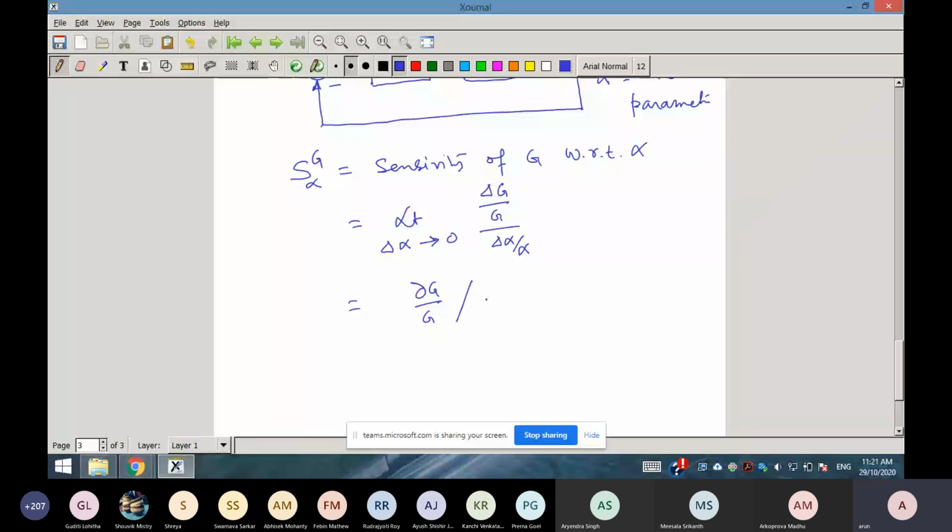Okay, so you can also write it like this, equal to delta G by G divided by delta alpha by alpha. So now this is your sensitivity.